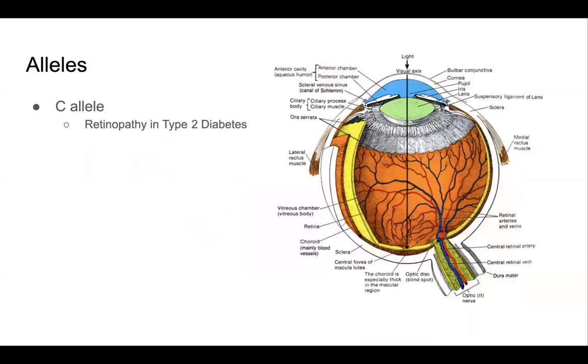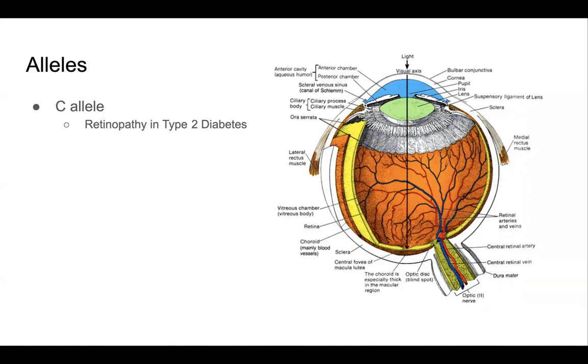So moving on to the allele, I found conflicting sources saying that it was type 1 and then also saying that it's type 2. Either way, the resulting phenotype for the C allele of VEGFA is retinopathy. As you can see, the eyes have blood vessels in them, so you're going to have this growth factor here.